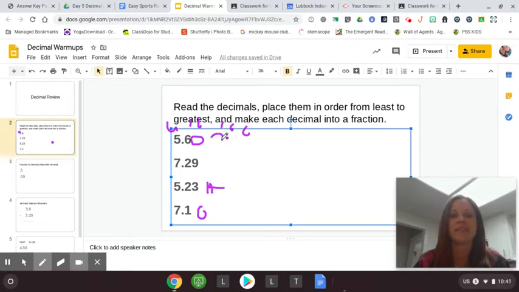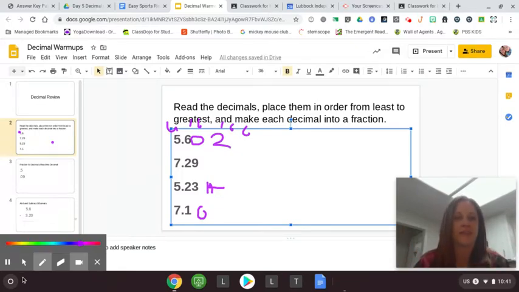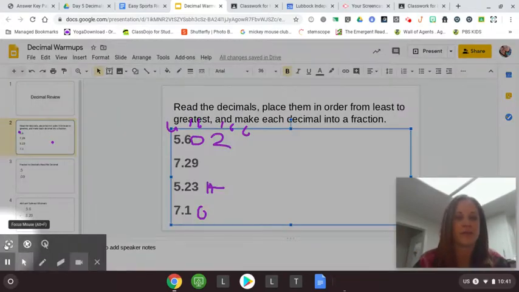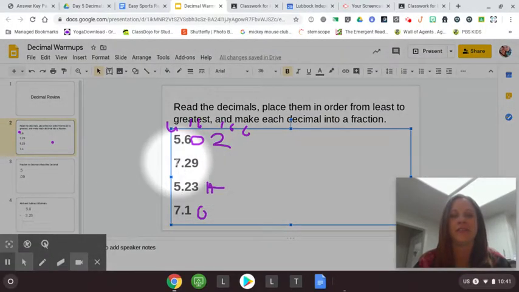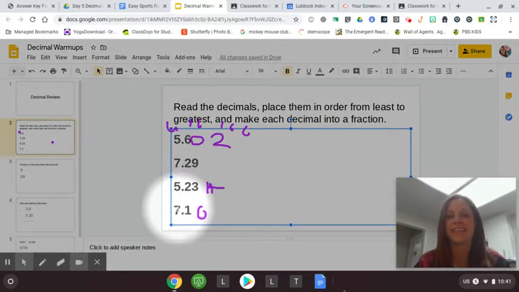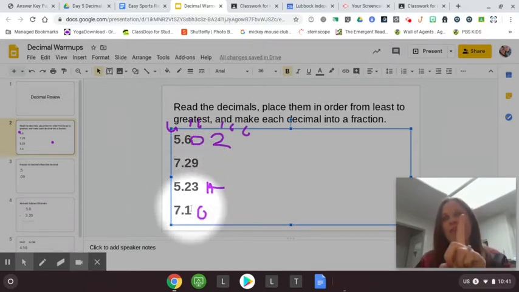This would be the second smallest. And then we have 2 others. So let me get my little mousey back. So I'm going to look at the whole numbers. Now notice it's 7 and 7, so that doesn't help me. So put your hand on it. So I'm going to look in the tenths, and I have 2 tenths or 1 tenth.